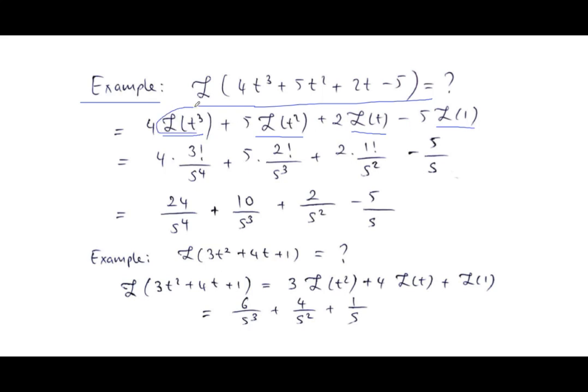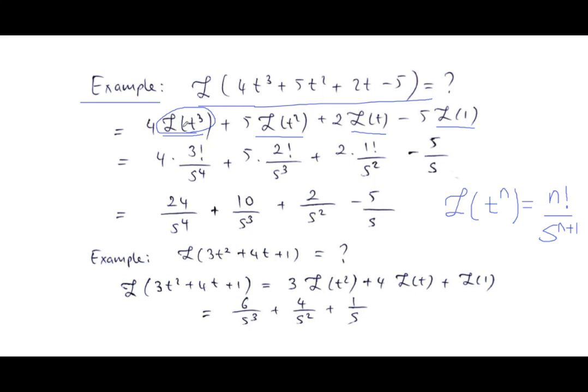And actually, we can write for the general case one more time. If we are given t to the power n, then the Laplace transform was equal to n factorial divided by s to the power n plus 1. So this was the formula we generalized after evaluating several polynomial expressions.